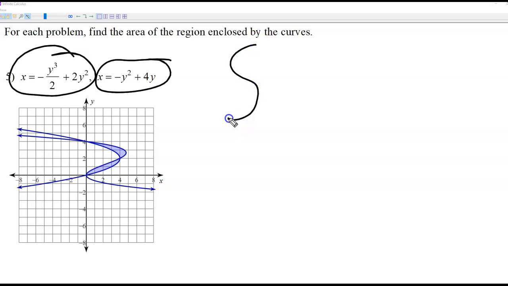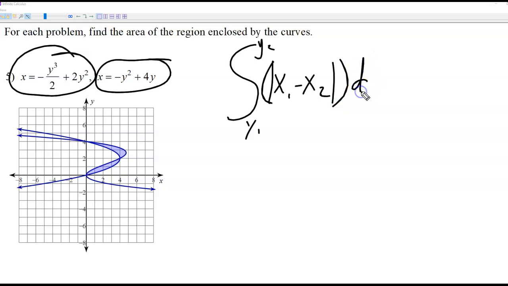It's just that the difference is that you're going to have y values here instead of x values, and also your functions are functions of y, which means I'm going to put an x here instead. So it'll be x1 minus x2, in absolute value bars. And don't forget, we're integrating with respect to y. So if you're using your graphing calculator, this would be your setup.